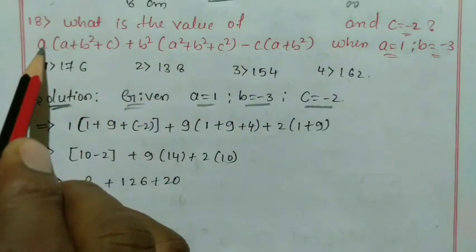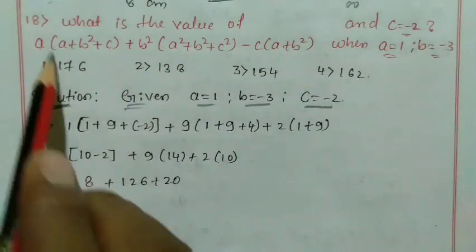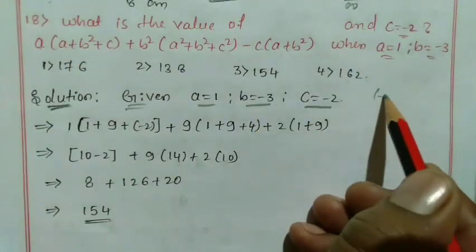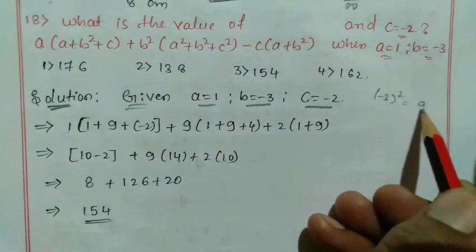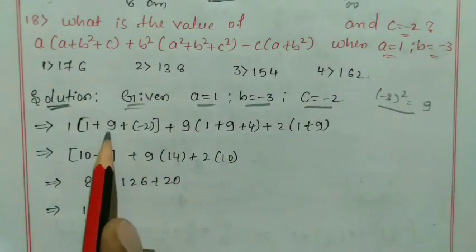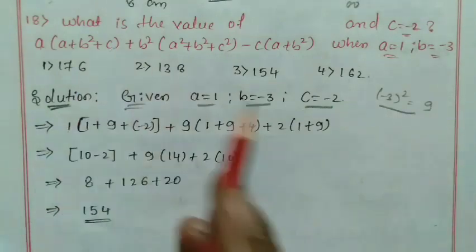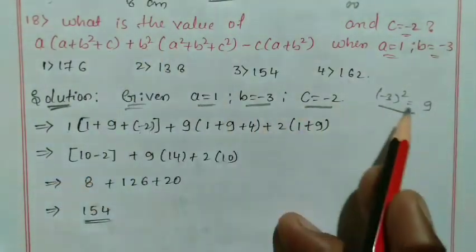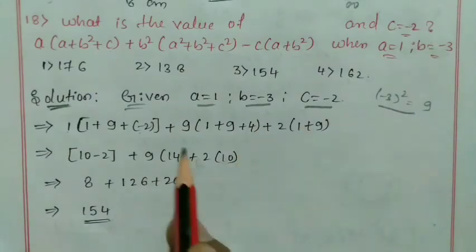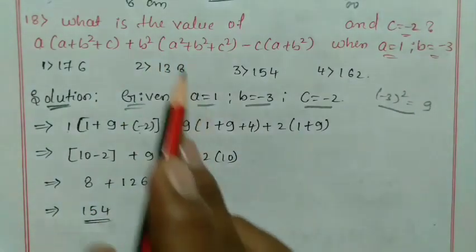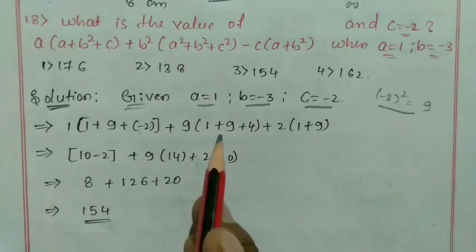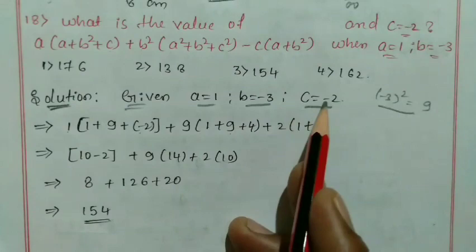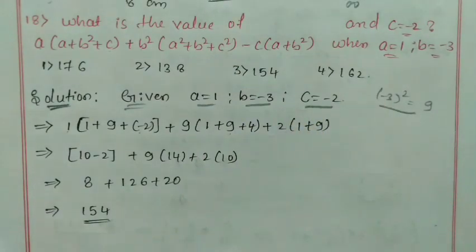So you can substitute here A means 1, into A means 1, plus B square means minus 3 square, which is plus 9. So you can write here plus 9, plus C value is minus 2, you can write as it is, plus B square value, that is minus 3 square, which is 9, into bracket A square means 1 square is 1, plus B is minus 3 whole square is 9, plus C is minus 2 square is 4.